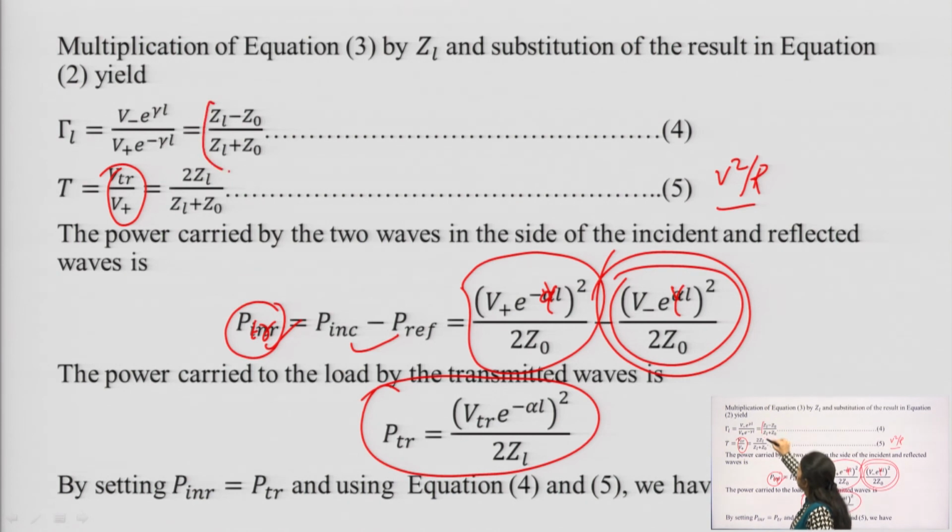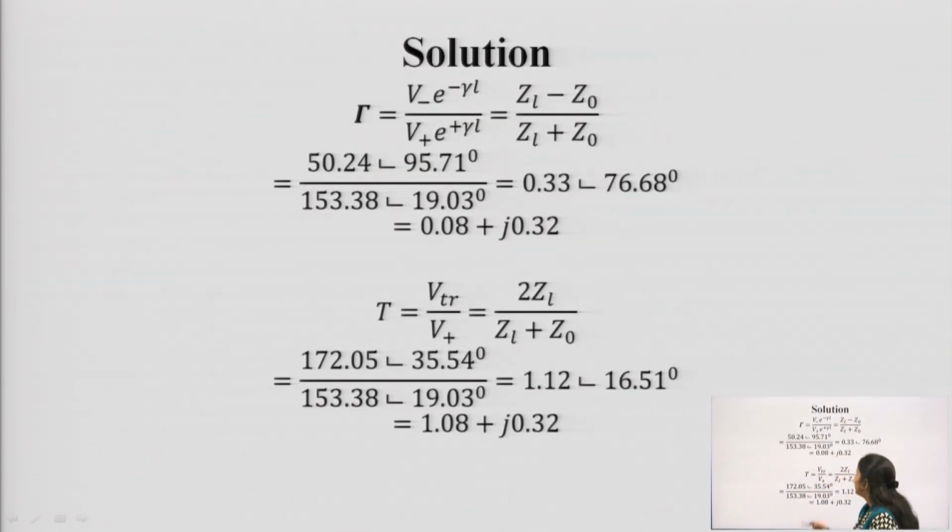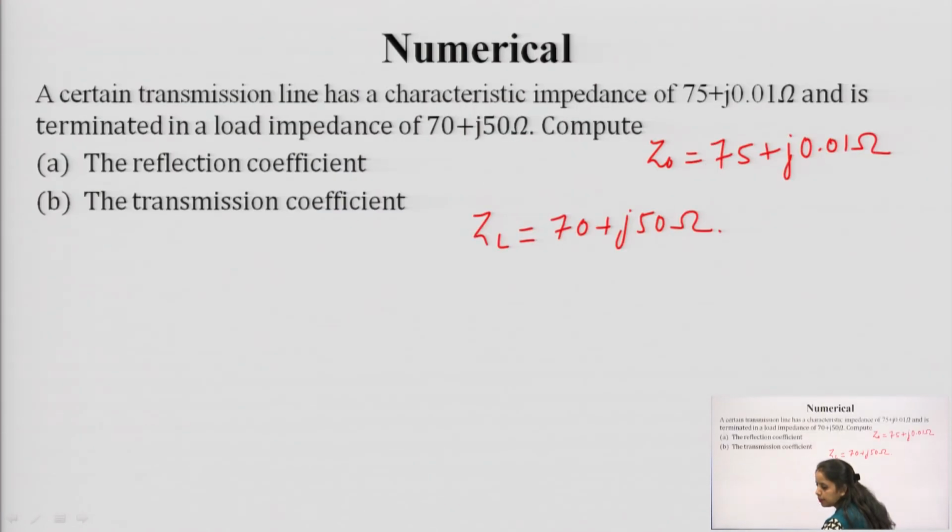This is our reflection coefficient and this is our transmission coefficient. The reflection coefficient is ZL minus Z naught upon ZL plus Z naught.